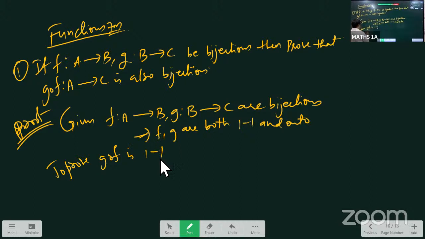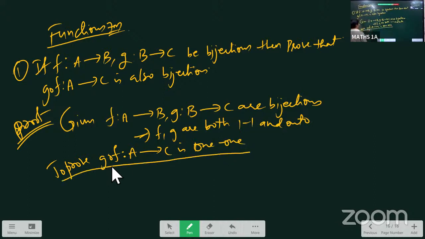Correct, no? So G circle F is mapping from where to where? G circle F is mapping from A to C, and we have to show it is a 1-1 function.